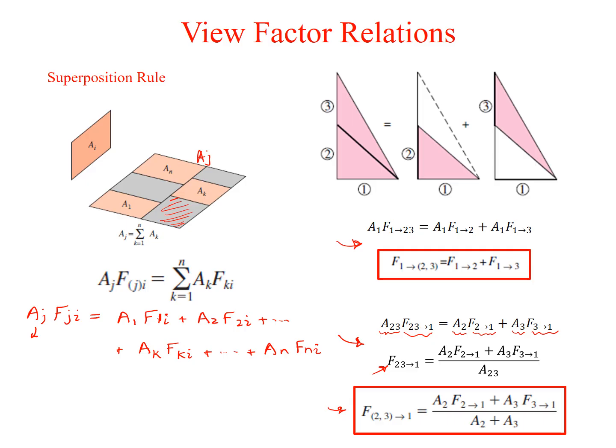For these triangles, A1 F1 to the two areas 2 and 3 is equal to A1 F12 plus A1 F13. So it's basically saying that the radiation from 1 to 2 plus the radiation from 1 to 3 makes up the radiation from 1 to the sum of 2 and 3, which is intuitive and makes sense.